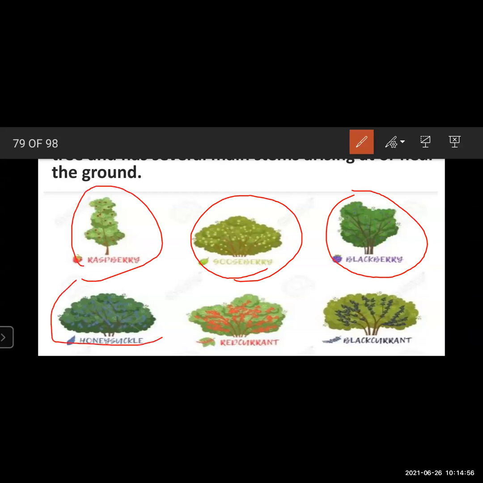This one is honeysuckle. This is red currant. This is black currant. If you see the difference from trees, here it is very short in length as compared to other trees. So in the Naldurg area, they have seen this kind of shrub crops.